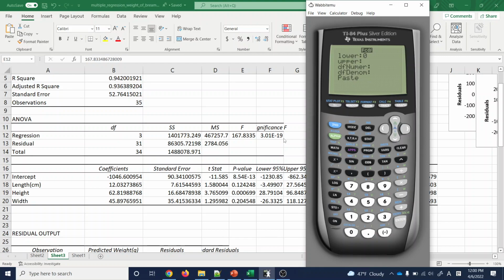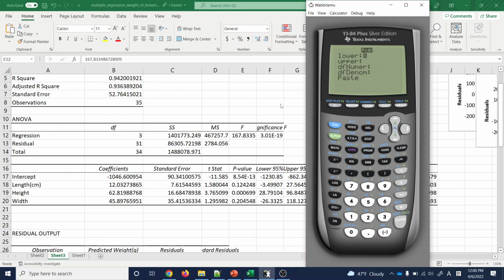So what we want to get is, I can't draw the F distribution graph here, but the F distribution graph looks something like that, and you want to know the area to the right side of this value. That's your p-value.